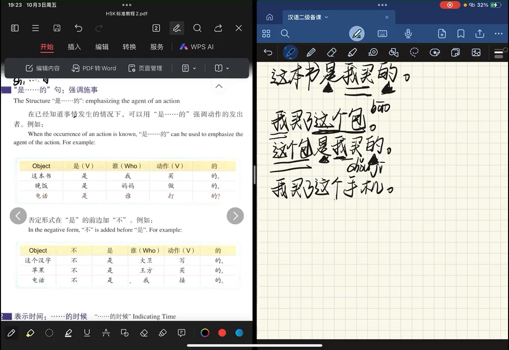If I want to emphasize that the person who bought it was me, the doer of the action, can you use the 是的 sentence to describe this? Now I'll give you 5 seconds to think about it. 我买了这个手机. Can you turn this sentence to the 是的 structure?